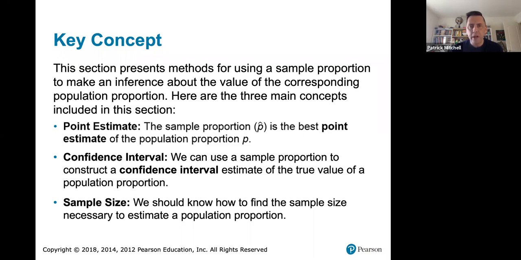So between 49% and 55%. Okay. And then if you want your margin of error to be a certain size, let's say 3% was too big and you wanted to bring it down to 2%, we can figure out how large a sample I need to get that margin of error.